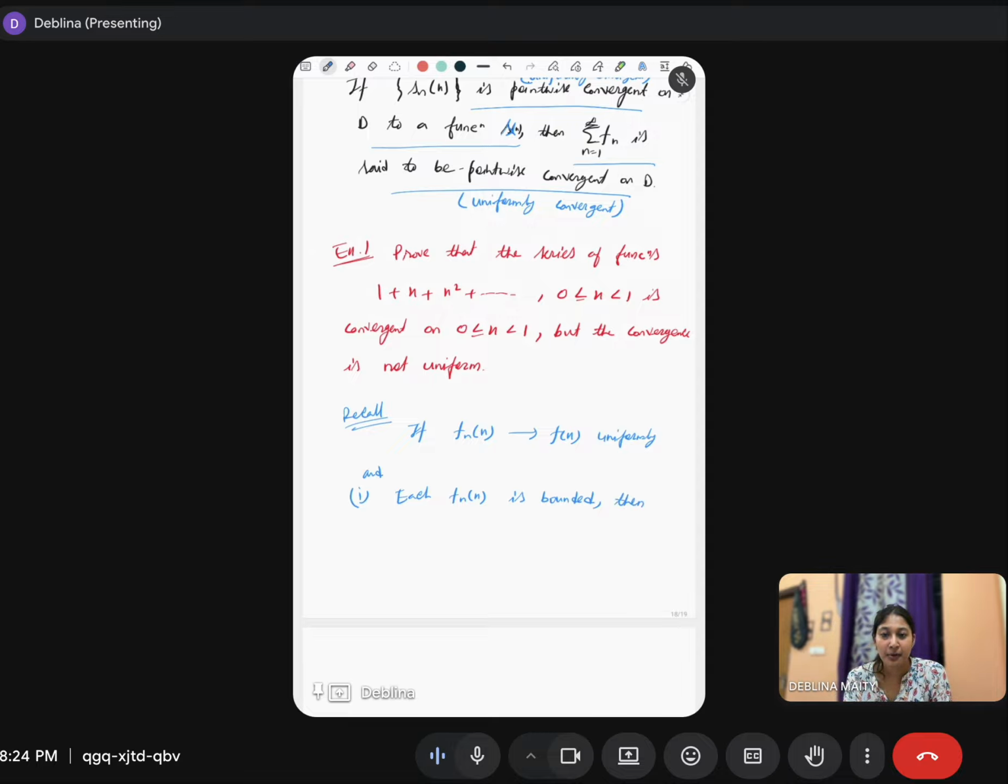Then what can we say about this f function? So this f(x) is also bounded. Right? And the second one is, if each of this f_n(x) is continuous, then the limit function f(x) is also continuous. These are the consequences of uniform convergence, right? So we'll use this.